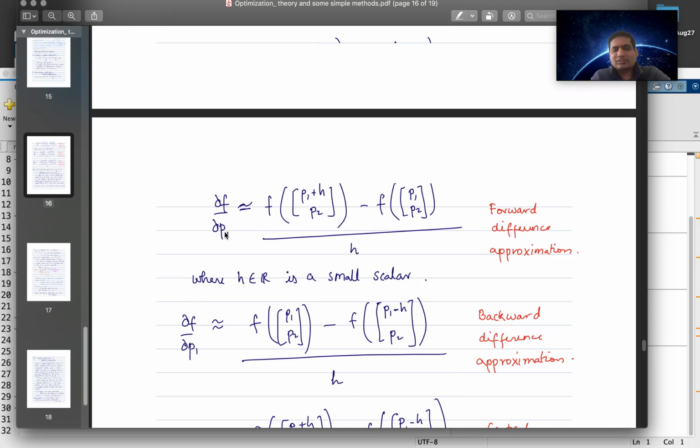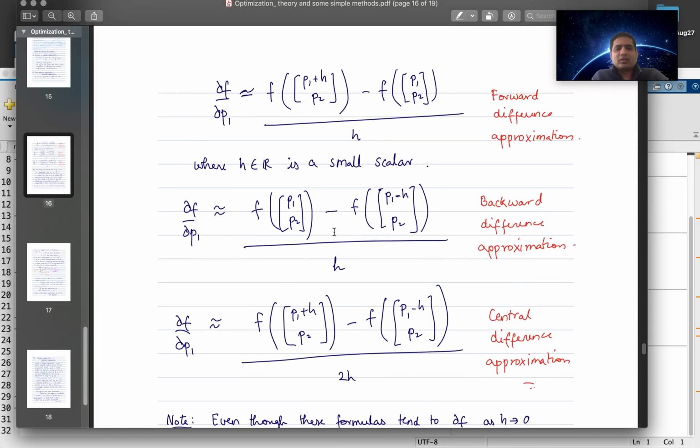Of course, you can do the same thing for p2, by perturbing p2, etc. There's something called the central difference approximation, which steps forward and then backward and then divides by 2h. They're all approximations to the derivative.